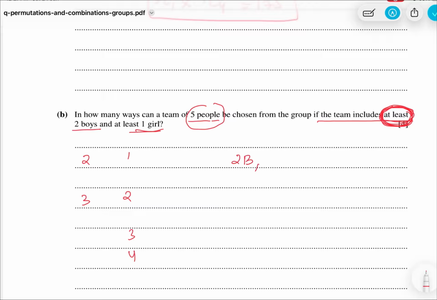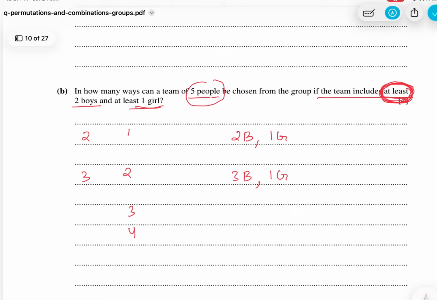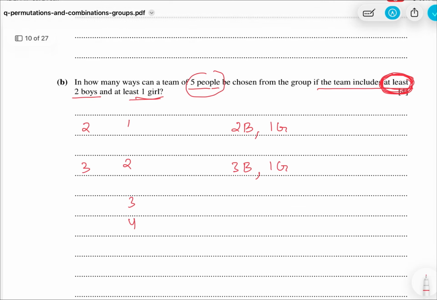So 2 boys, 1 girl. 3 boys, 1 girl. 2 boys, 2 girls. 3 boys, 2 girls. 2 boys, 3 girls.